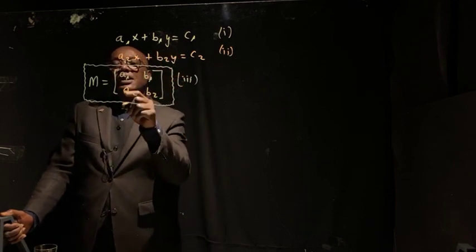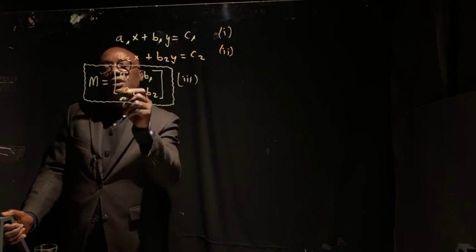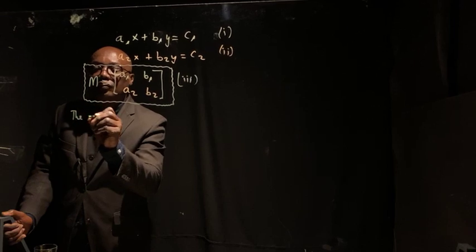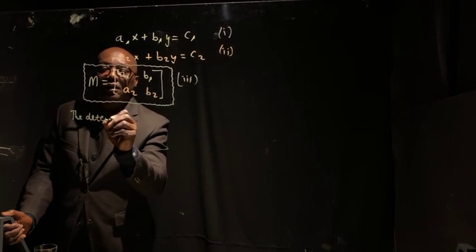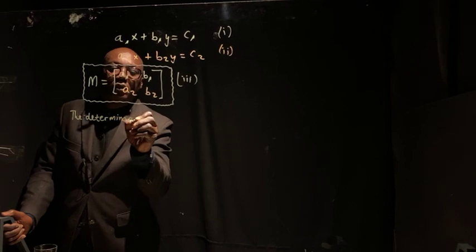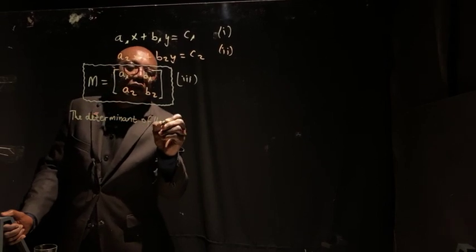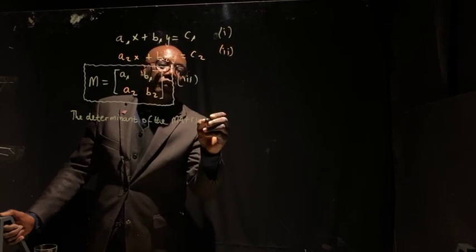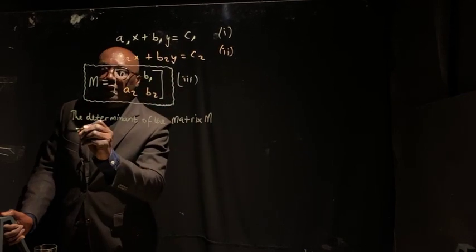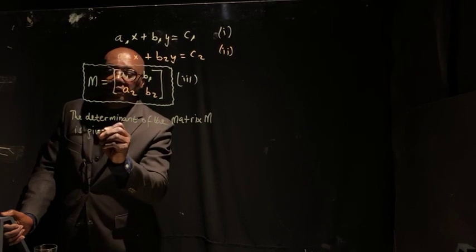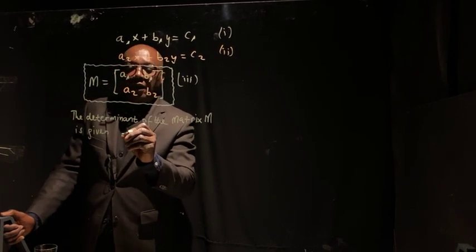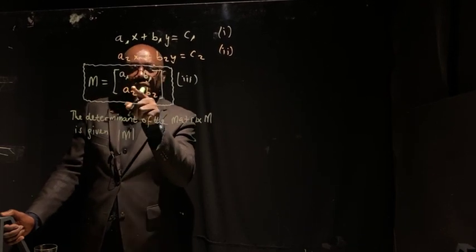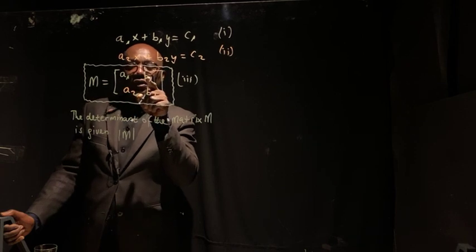Now, if you have a matrix like this and you want to find the determinant of the matrix M, the determinant of the matrix M is denoted like this. This is the determinant.